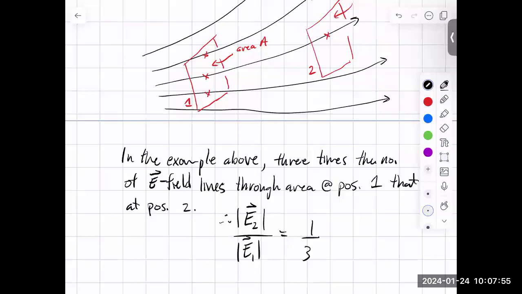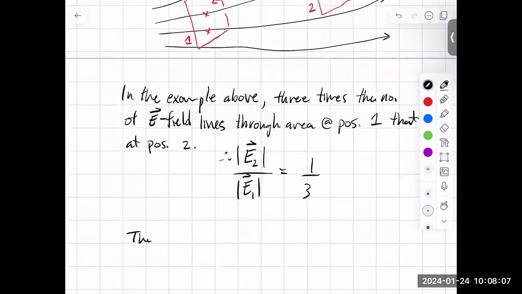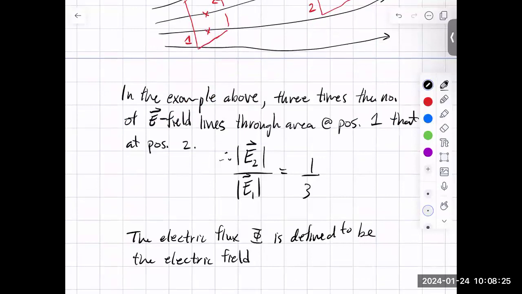Okay, so what we're going to do now is define this concept of electric flux. The electric flux, phi, the Greek letter phi, is defined to be the electric field strength times the area of whatever surface we're considering.